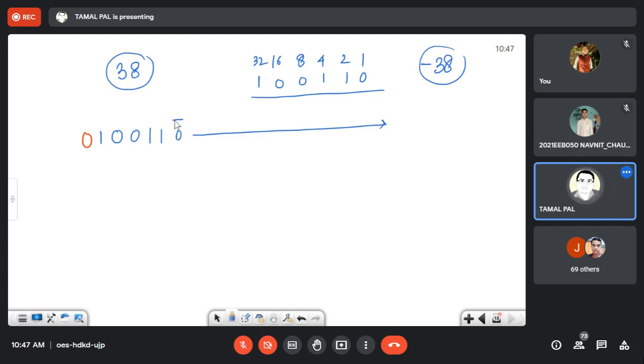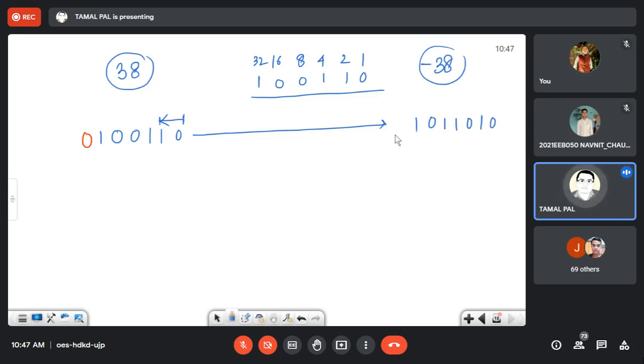That means up to the first one, it should be unchanged, and after that you make your change. So 1, 0, then 0, 1, 1, 0, and 1. This is minus 38.